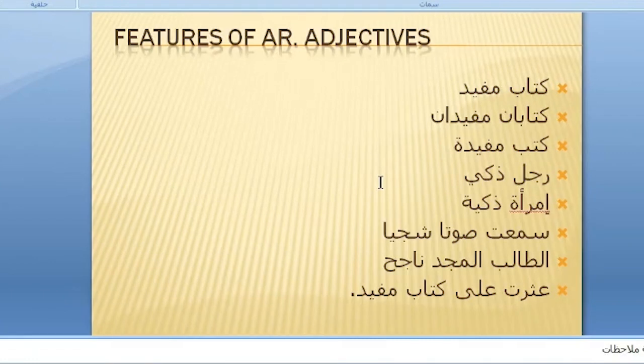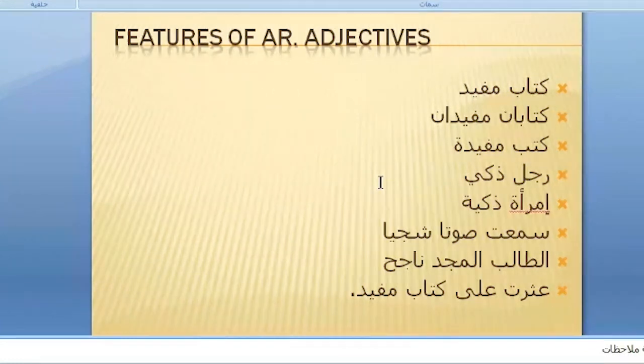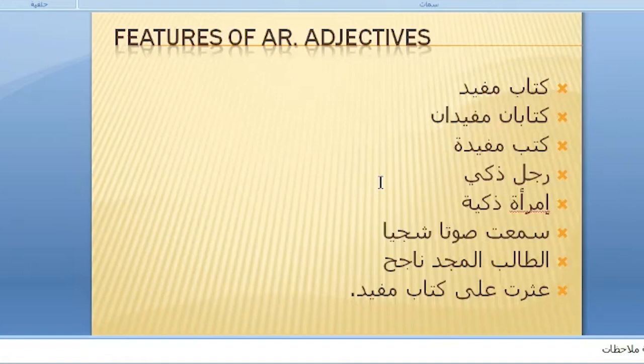But امرأة ذكية, you can see that the adjective ذكي ends in feminine ta, because it refers to a feminine noun. So an adjective in Arabic, when there is a feminine noun, generally ends in feminine ta, in order to cope with the gender system. In English, no.